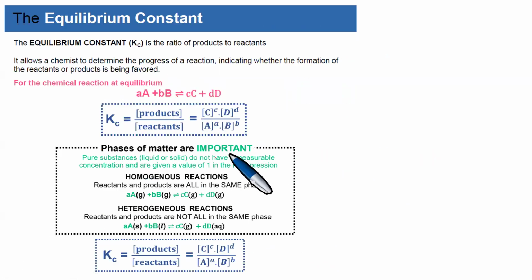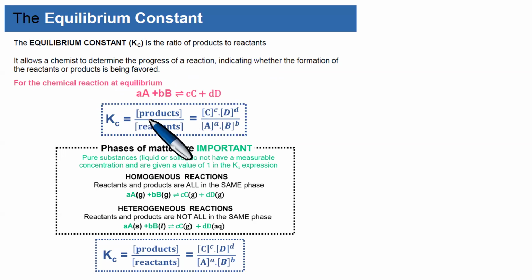Next, let us speak about Kc and what Kc means here. The equilibrium constant is the ratio of products to reactants.